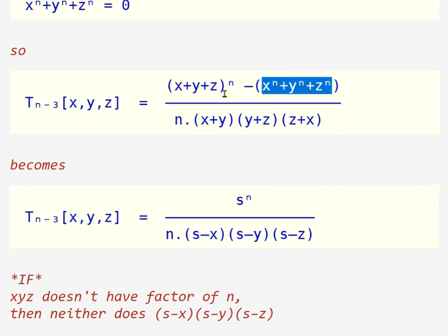X plus y plus z is our s. Y plus z, this is like x plus y plus z minus x. This is s minus x. And this is s minus y. And this is s minus z.